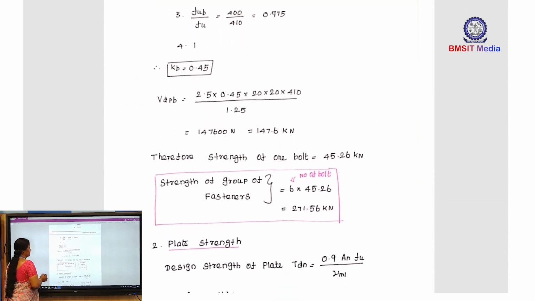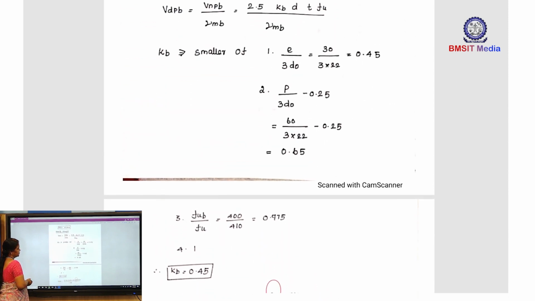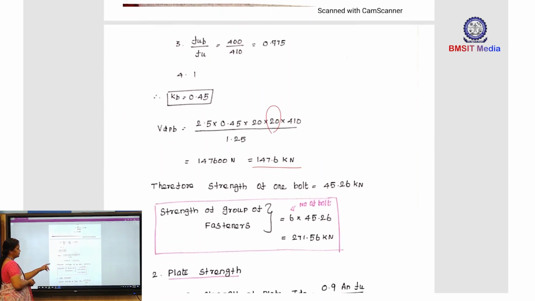The value is 147.6. So, for the strength of one bolt, which one is minimum? Shear strength is 45.26, bearing strength is 147.6, the minimum is 45.26. This is the strength of one bolt.